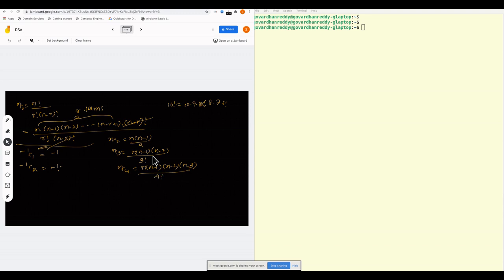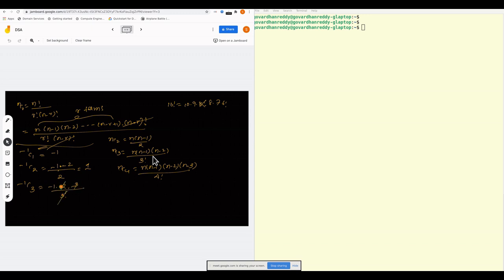So minus 1 C 2 becomes minus 1 into minus 2 divided by 2, which is equal to 1. Minus 1 C 3 is minus 1 into minus 2 into minus 3 divided by 3 factorial.